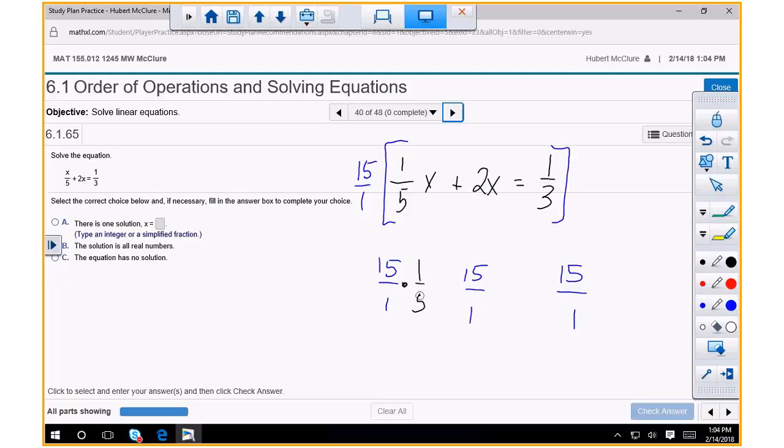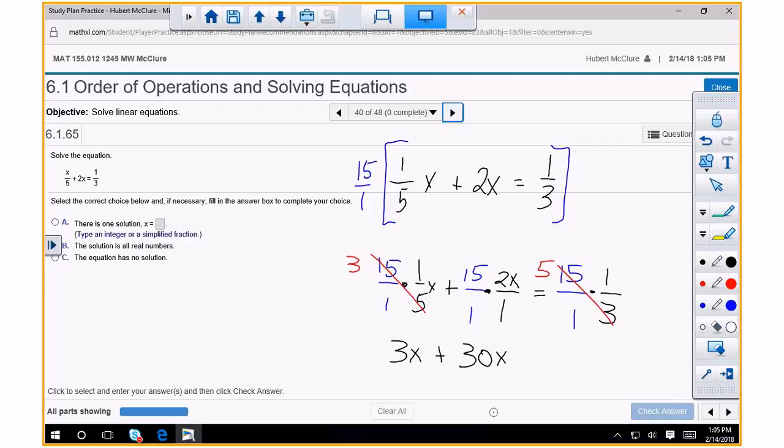One-fifth x plus 2x over 1 equals 1/3. And what happens? So what's 3 times 1? What's 15 times 2?